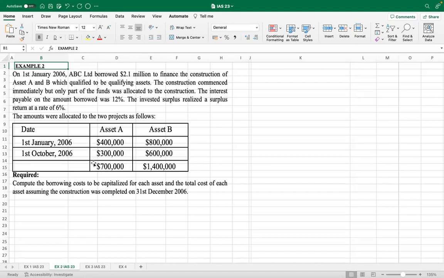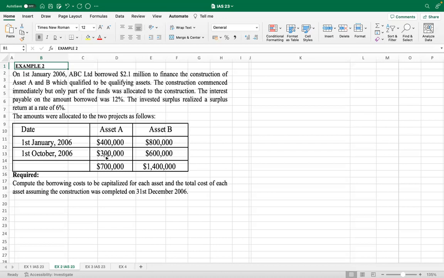Asset A used a total of 700,000, but the amounts were allocated as follows. On 1st January, at the beginning of the year, we allocated 400,000 out of the 700,000 needed to finance asset A. Now, on 1st October, we used the remaining 300,000.